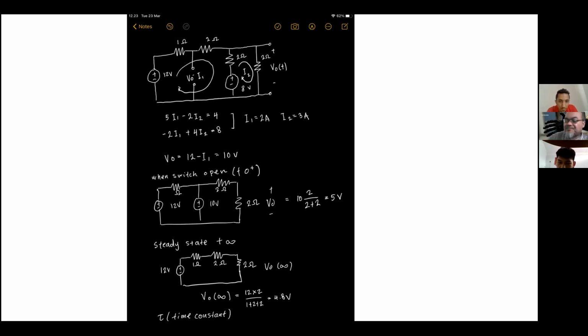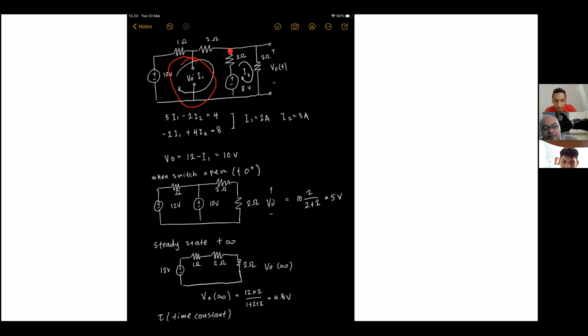Why is this 10 volt here, located here, the V output? The switch is actually here. This is the capacitor, sir. Oh, the capacitor. And the bottom one is also the capacitor, but I misdrew it. This is before it is switched off. Is it? Yes. Okay.